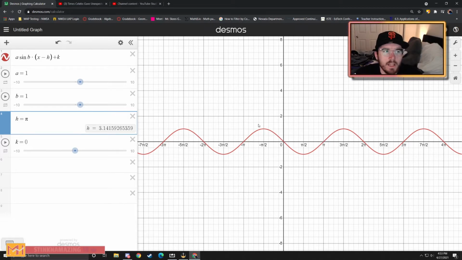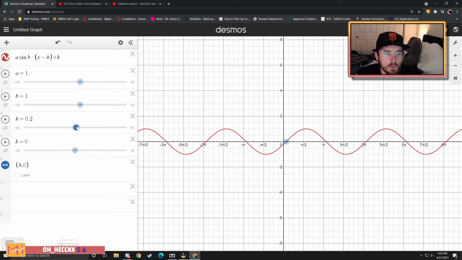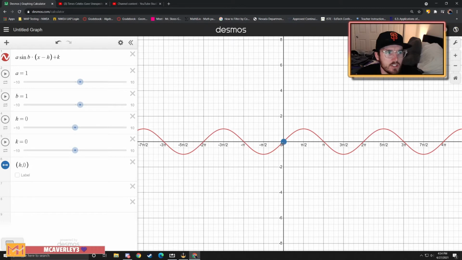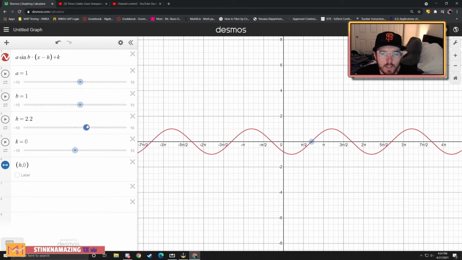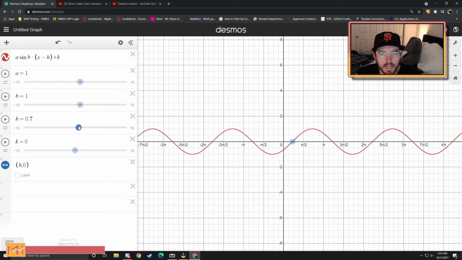Okay? So it's kind of hard to see the movement. I'm not going to lie, because it's repetitive, right? But give me a moment. I'm going to pause. Okay, I set something up real quick. I've labeled that starting point, and as I move it to the right, that's kind of what I want you to focus your eyes on, right?